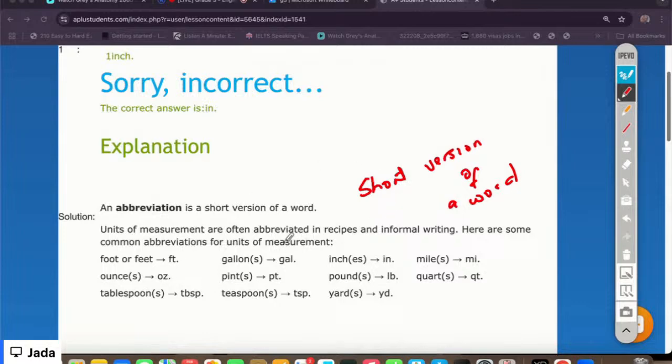Units of measurement are often abbreviated in recipes and informal writing. Here are some common abbreviations for units of measurement. These are the most common ones that we have.